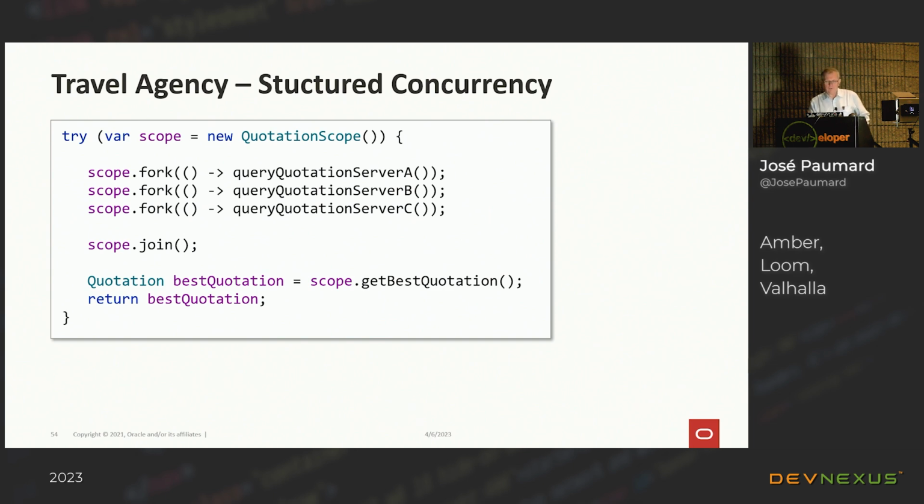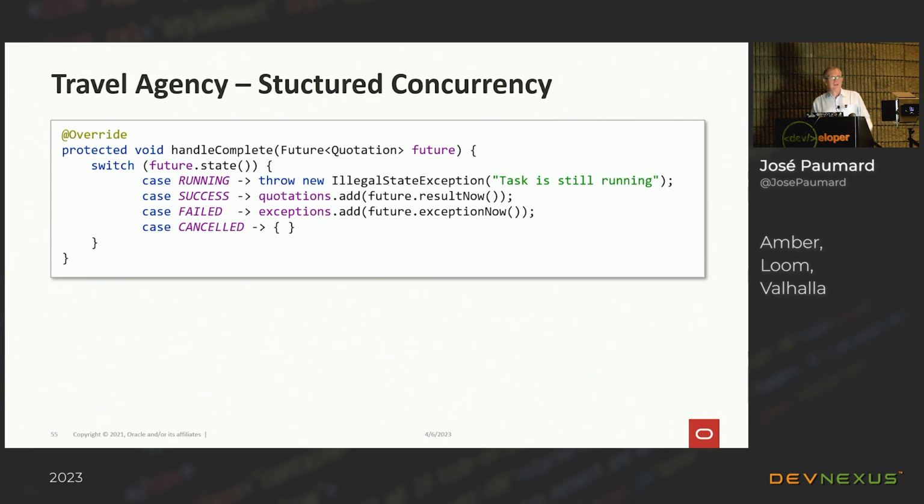And to get that, you need to actually write a single method in this quotation scope object, which is this one. It's a callback on the completion of each task you launched. The completion of a task returns a future, but you want to process this future internally within your scope object and just accumulate the result you got, all the exceptions you got, in a concurrent collection.